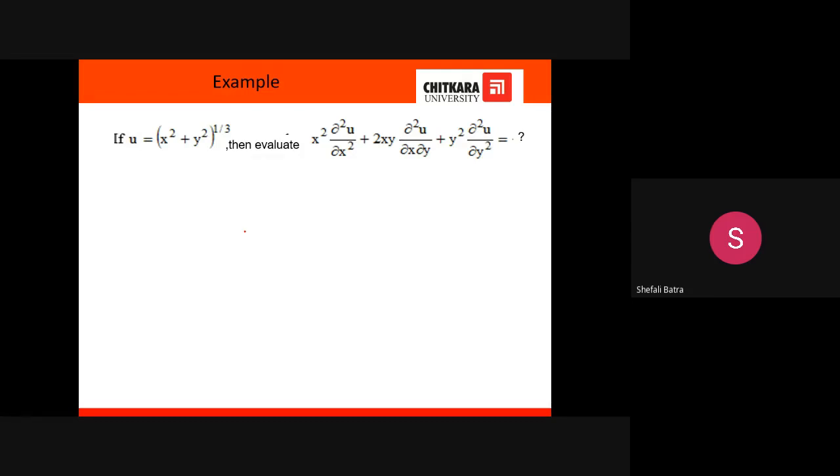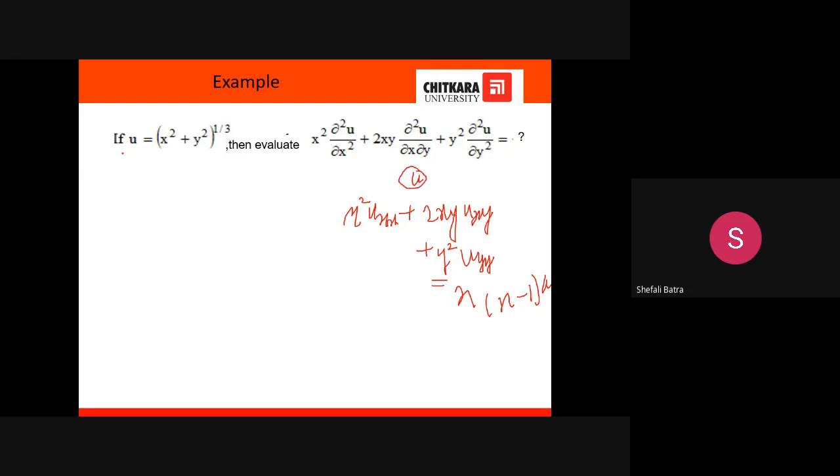I have told you one is Euler's theorem, another is the extension of Euler's theorem. The extension says: if u is a homogeneous function, then x square uxx plus 2xy uxy plus y square uyy is equal to n into n minus 1 into u. What is n? n is the degree of this homogeneous function.